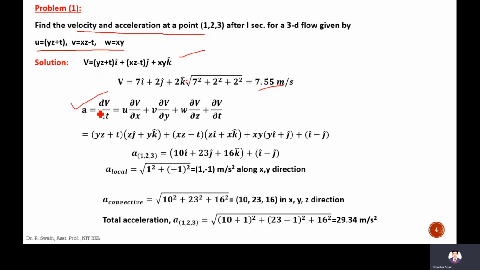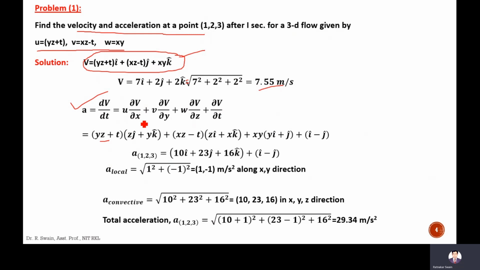The acceleration that we expressed already is dV by dt equals u del V by del x, plus v del V by del y, plus w del V by del z, plus del V by del t. Here the partial derivative of the velocity with respect to x is multiplied by u, which is yz + t.